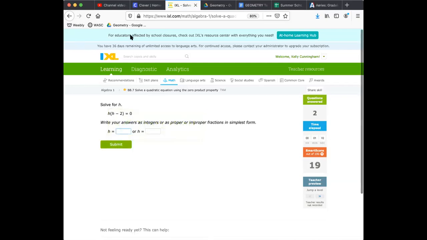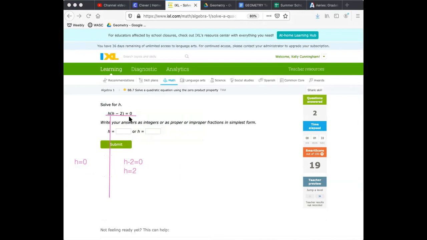Okay, here's another case. I just want to work it out again for you guys. I'm going to draw it way down below. So you would say, okay, h equals 0. There's nothing else to do there because it's already solved for. And then you would say h minus 2 equals 0. So then you would add the 2 over, so h equals 2.